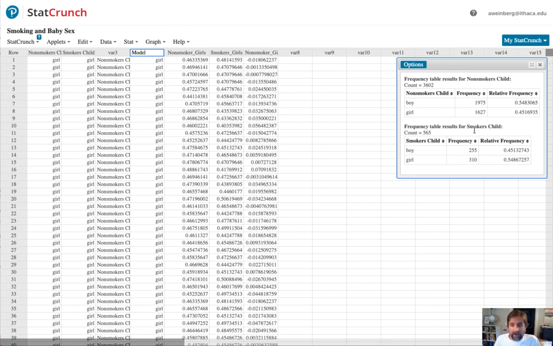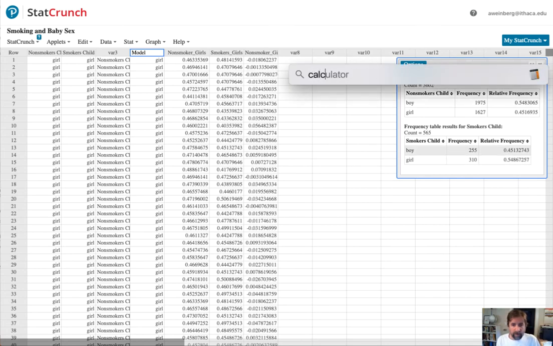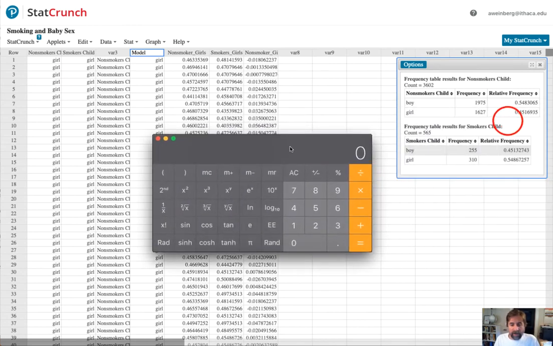And what we need to do is look at our observed statistic. So we're doing girls, non-smokers minus smokers. So we've got 45.169% and 54.867%. I'm going to open up my calculator.